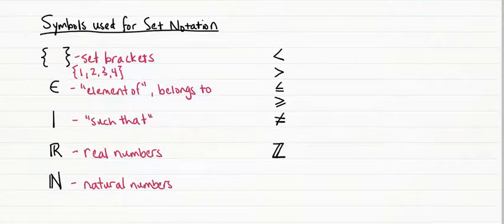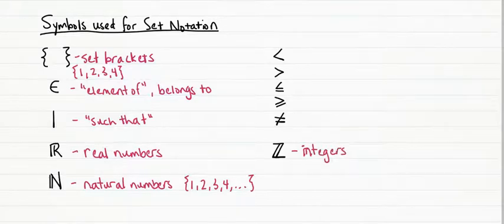And natural numbers would be the set of values starting at 1 and increasing. So that's our regular counting numbers. And Z represents the set of integers. And so that would include positive and negative integers.